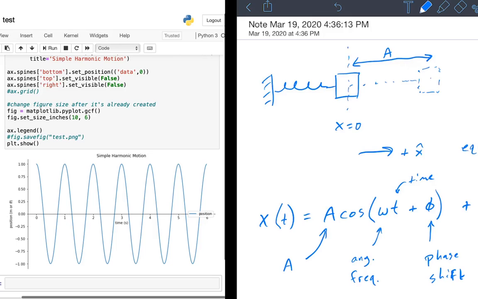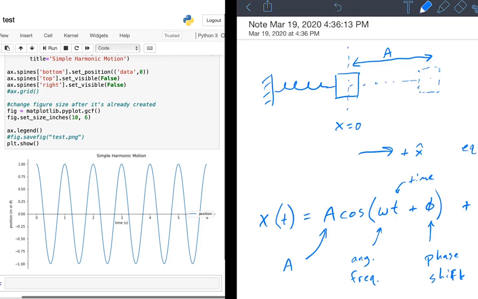If you shift it by, just real quick trig, plus, I think it's pi over 2. Yeah, pi over 2. It just shifts it to a sine graph.